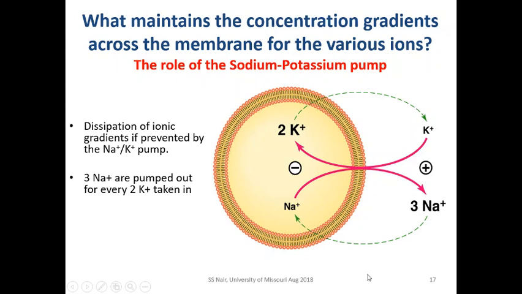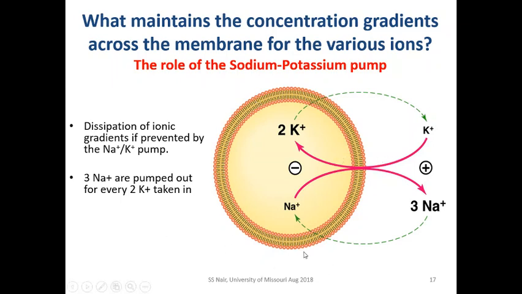So what happens is you have something called the sodium-potassium pump, which we talked about in class, which works behind the scenes. They work at a very slow pace, but they keep maintaining the concentration gradients. As I mentioned in class, here we show the sodium-potassium pumps, but there are calcium pumps.